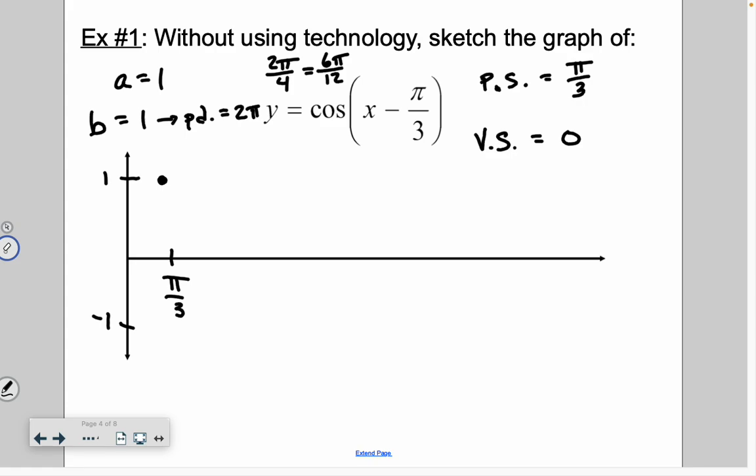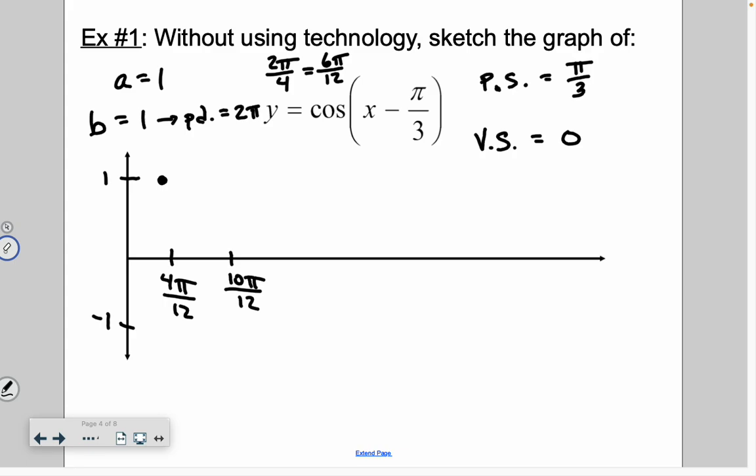If I multiply this one by 4, I'm going to actually change this starting point to 4 pi over 12. And now, like we said, if 6 pi over 12 is 1/4 of a period, every fourth is the next important point on your wave. So if we add that to what we started with, that means the next important point will be 10 pi over 12.